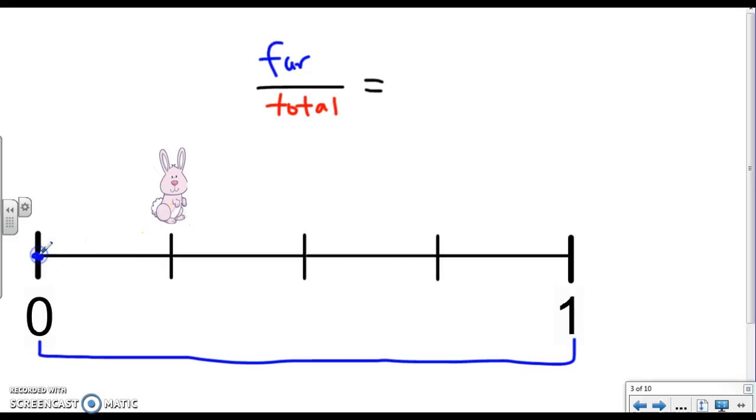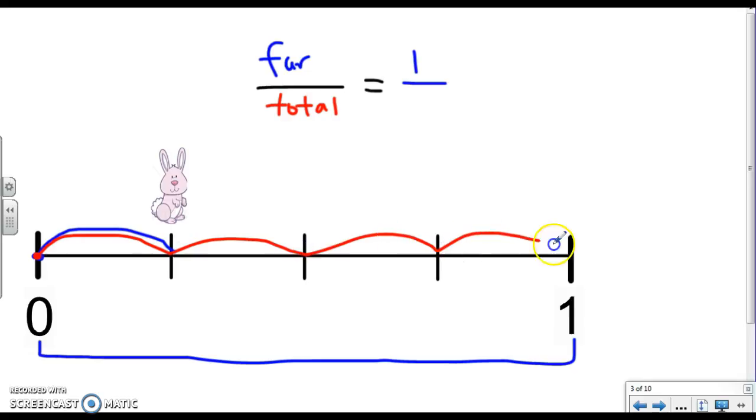Starting at the beginning of the bridge, he has jumped 1 jump out of a total of, starting at the beginning, 1, 2, 3, 4 jumps it takes to get all the way across the bridge.